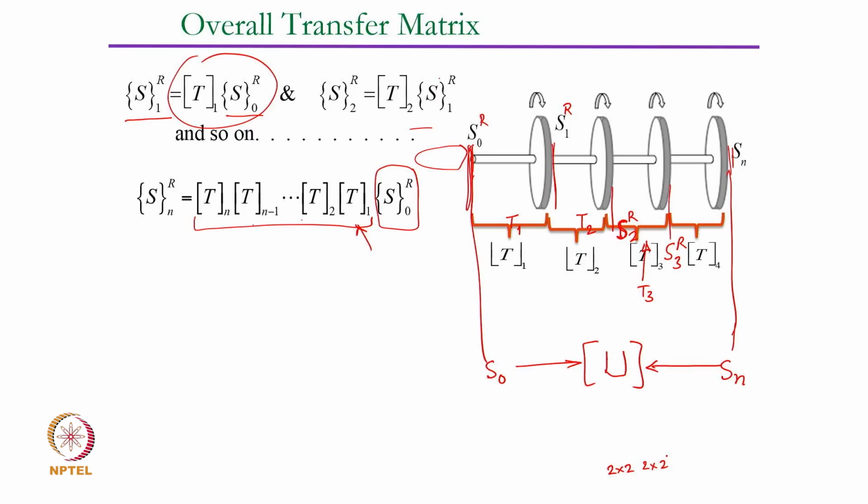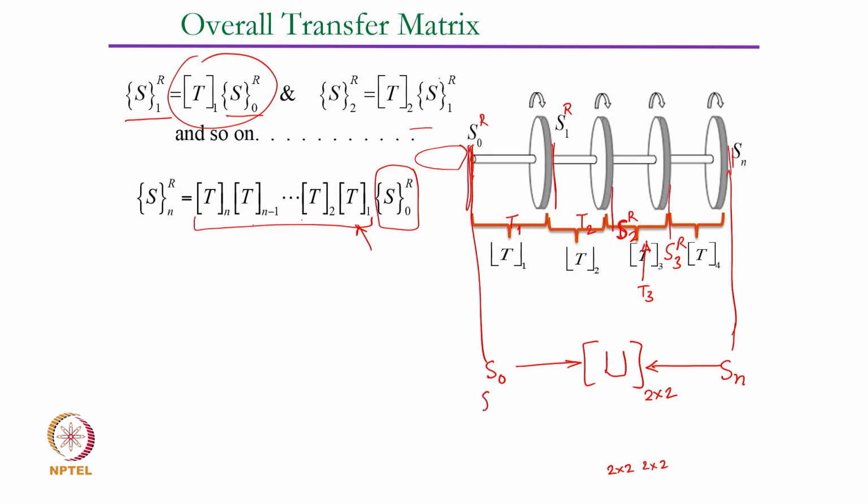Now, each of these transfer matrices for each segment are simply getting multiplied. So, 2 by 2 multiplied by 2 by 2 multiplied by 2 by 2, irrespective of the number of segments that you discretize it, ultimately the overall transfer matrix is going to be still 2 by 2, right. There is a catch here.